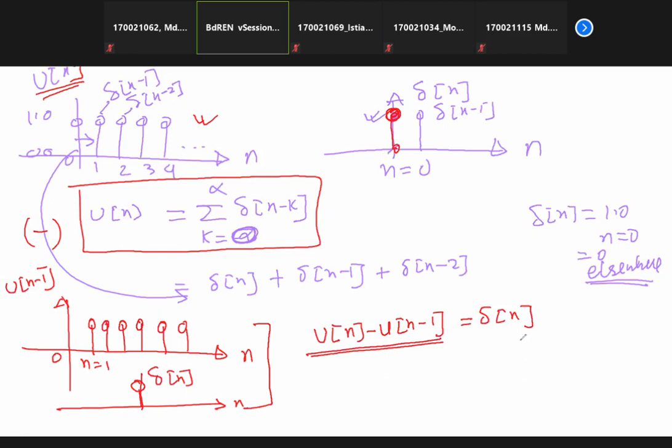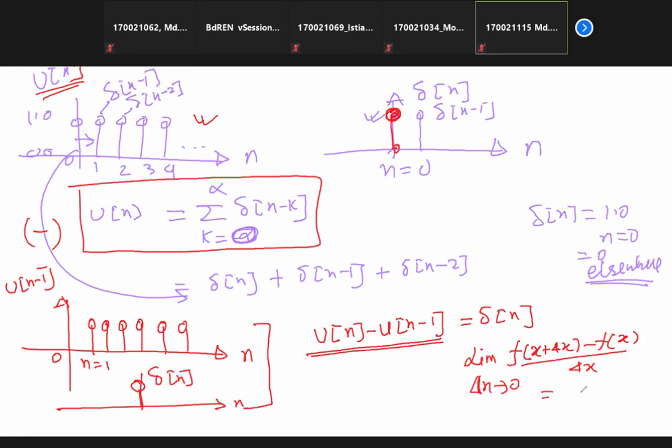If we know the value of the function at two consecutive instants of the independent variable, say x, and divide by del x, and take the limit as del x tends to 0, is that not the definition of df by dx? That means you need two consecutive values separated by a distance del x. Then you are calculating the slope of this portion of your curve.